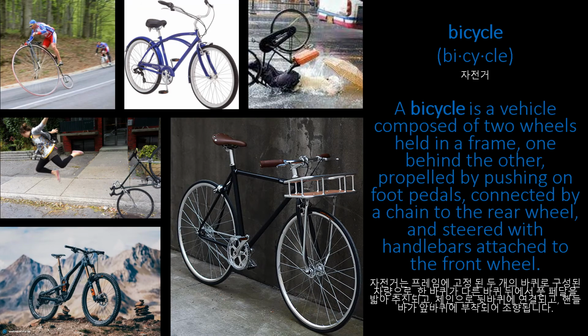A bicycle is a vehicle composed of two wheels held in a frame, one behind the other, propelled by pushing on foot pedals, connected by a chain to the rear wheel, and steered with handlebars attached to the front wheel.